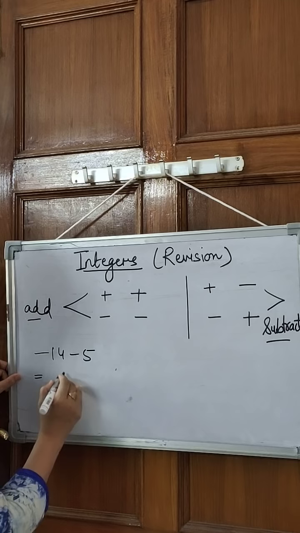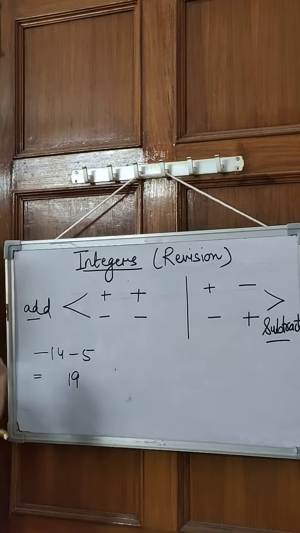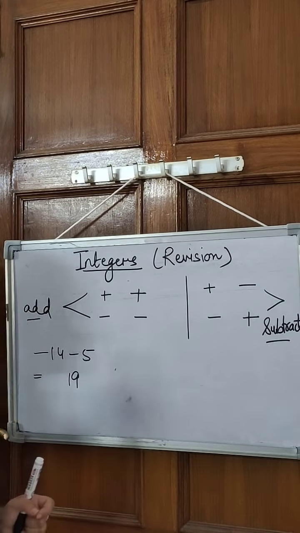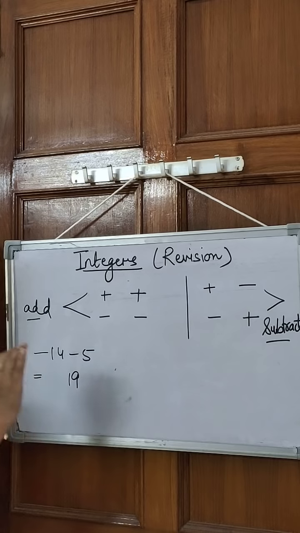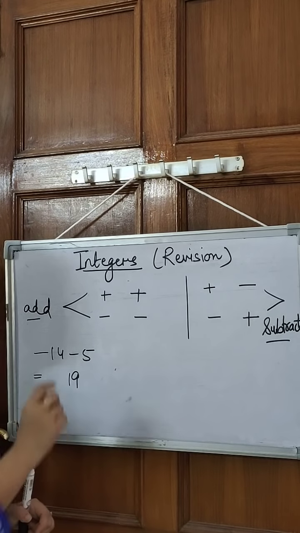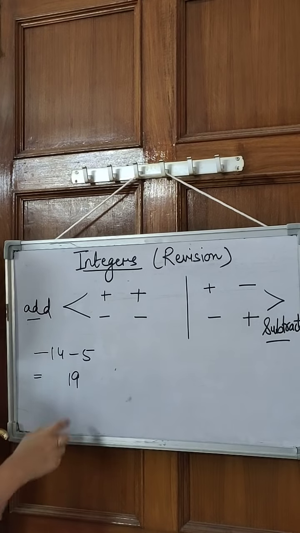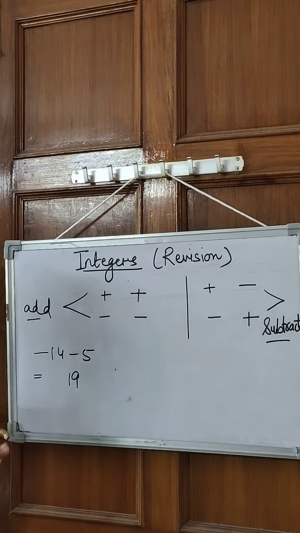So let's add. 14 and 5 will be 19. This is step number 1: on the basis of the sign we have decided whether we have to add or subtract the two integers. Now the second very important thing is to put the sign on this answer. The sign is always that of the bigger number.